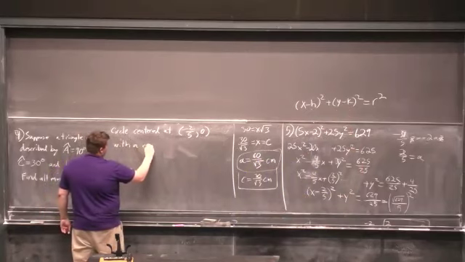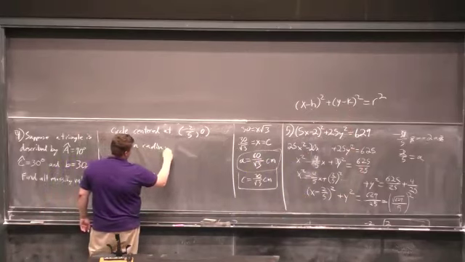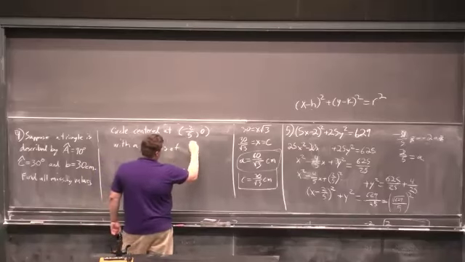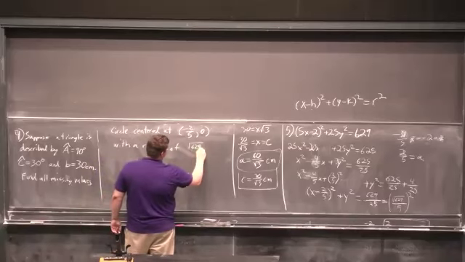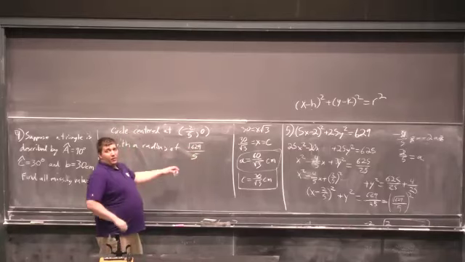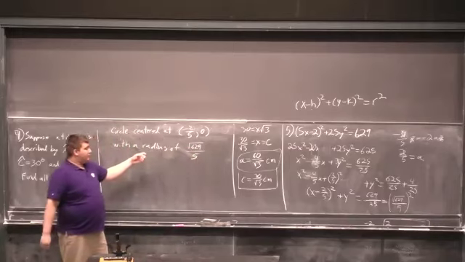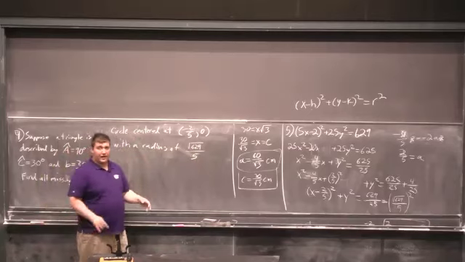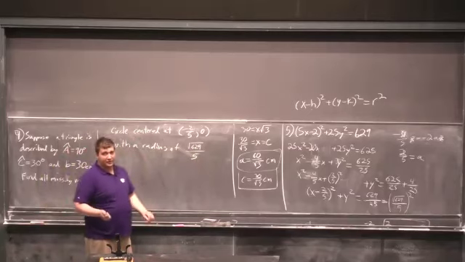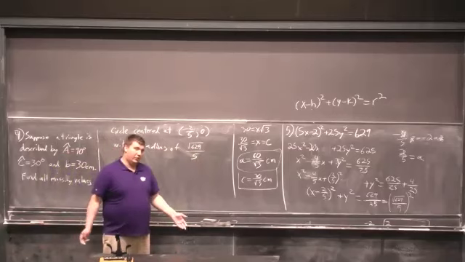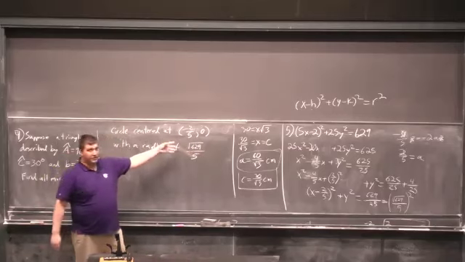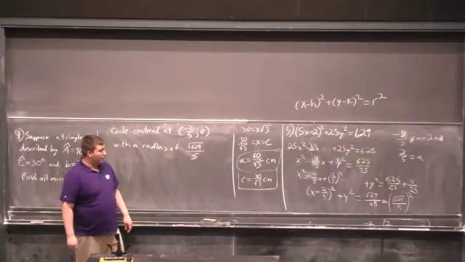a radius of the square root of 629 over 5. Now, 629 is factored into 17 times 13, so we can't reduce this radical anymore.